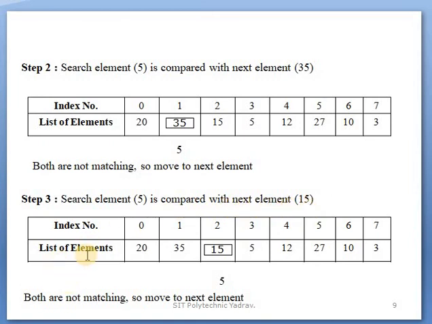Both are not matching, so move to the next element. Meaning our 5 moves one by one sequentially, until our array is finished, and if the number is found, then display "number is found", otherwise "number is not found". Clear that point? Using these steps we make the points clear.